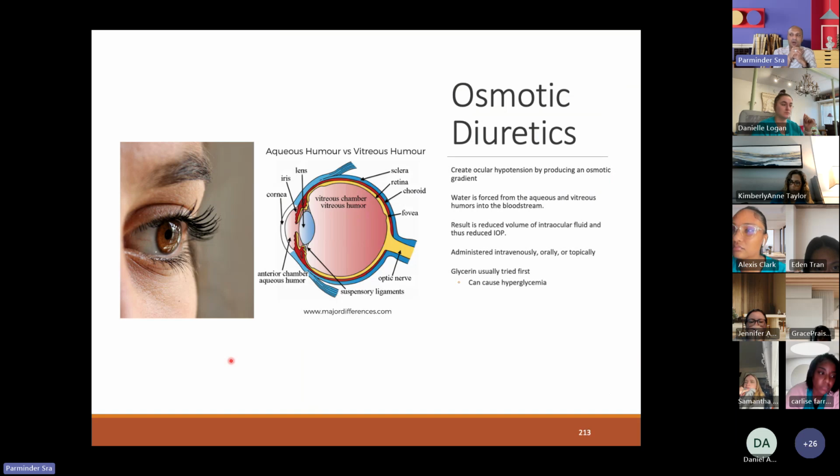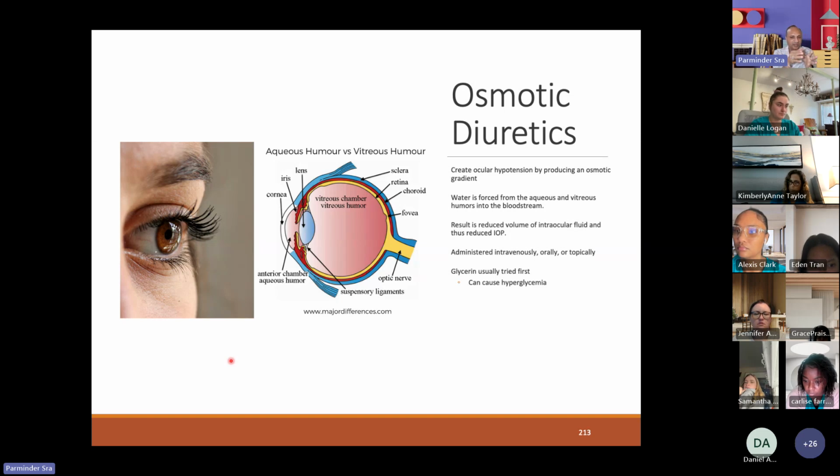Now, osmotic diuretics. Diuretics cause diuresis, meaning more fluid going out. So osmotic diuretics are used for glaucoma to decrease the intraocular pressure by increasing the outflow. Mannitol is an important one here.